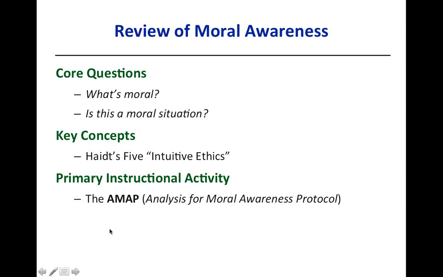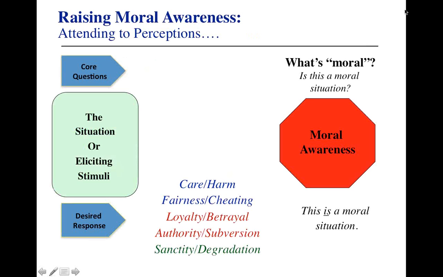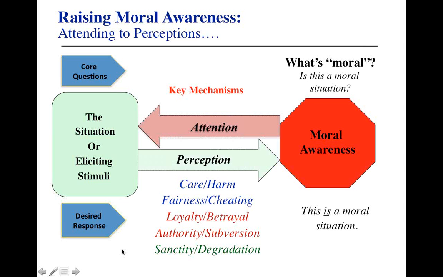As you've seen before, you don't have to present this part to students if you don't want. This is more for you, thinking about what we're talking about when we're talking about awareness. The idea here is that we've got both attention and perception. What the AMAP is designed to do is to have students focus their attention on a situation so that they can perceive the issues.